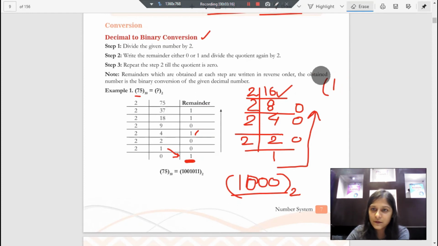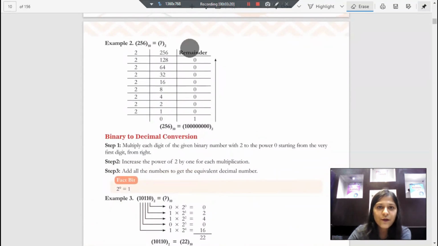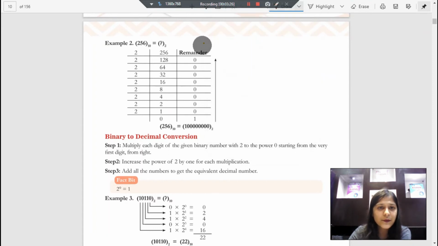Cool. Now we have another example as well, right? This time we have 256. We'll divide it by 2 to get 128, 0 remainder, 64, 0, 32, 0, 16, 0, 8, 0, and it goes until 2, so again 0 remainder.